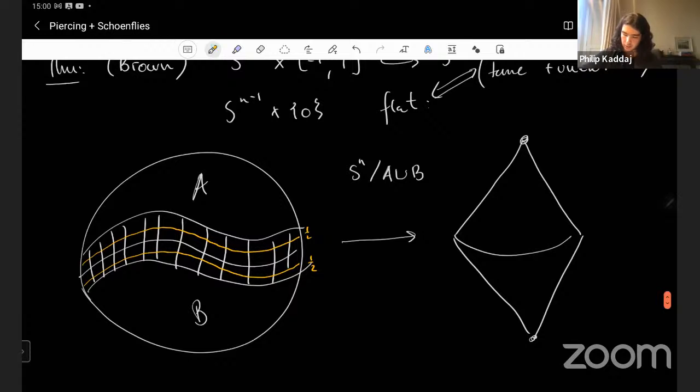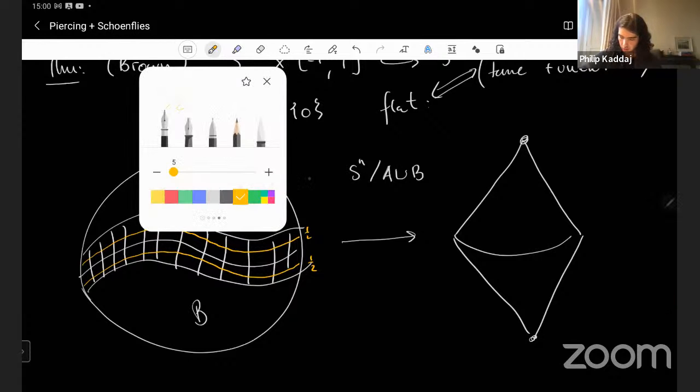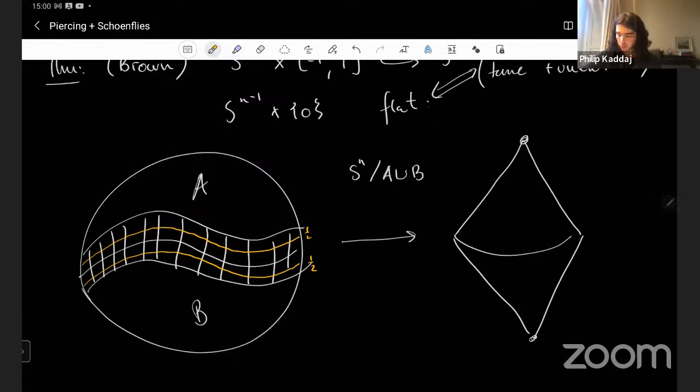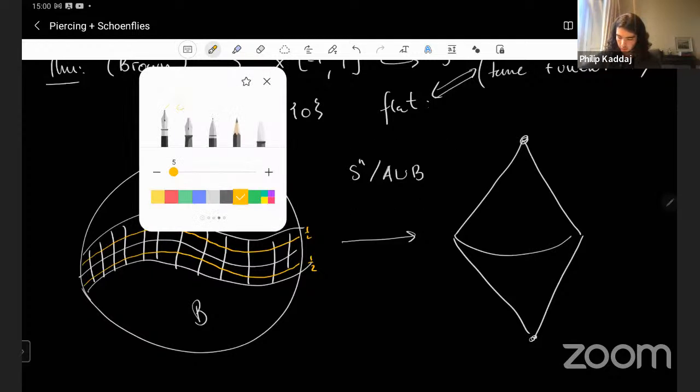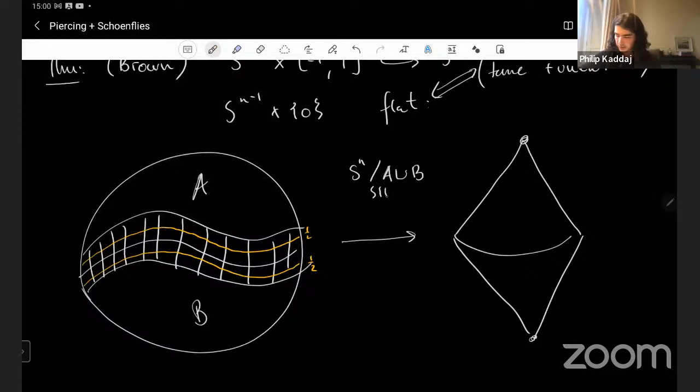And well, what do we have in the quotient? The quotient is homeomorphic to S^n again, because it's a suspension over the zero section.